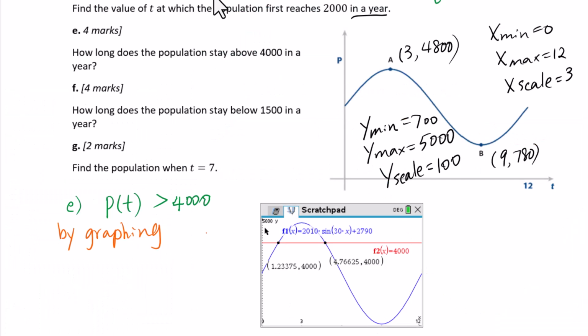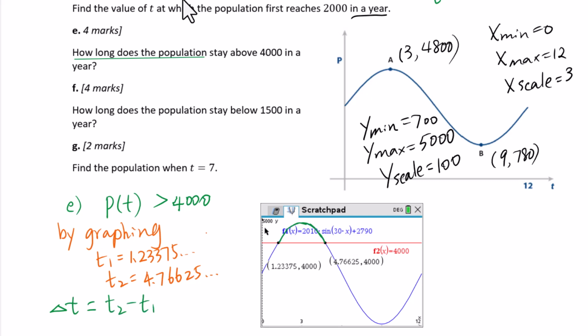By graphing, T1 equals 1.23375. T2 equals 4.76625. Since we are looking for how long, we need to use T2 minus T1. How long? Delta T equals T2 minus T1.